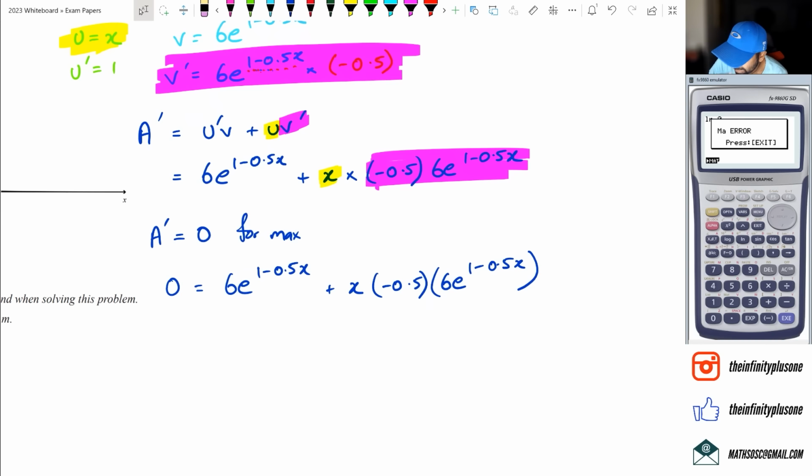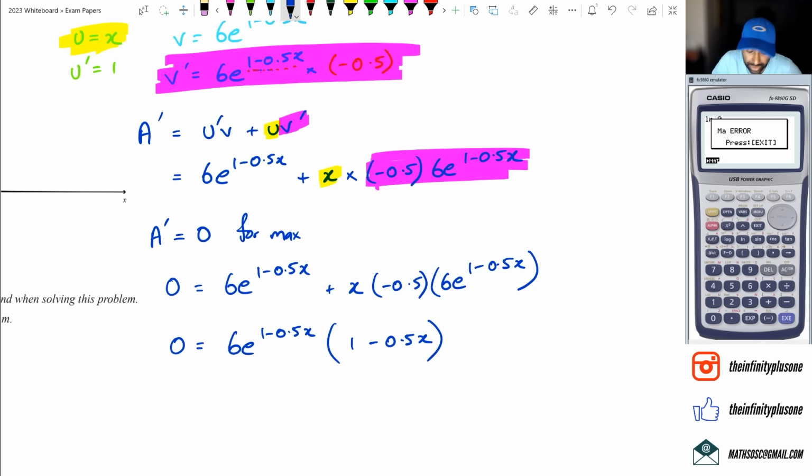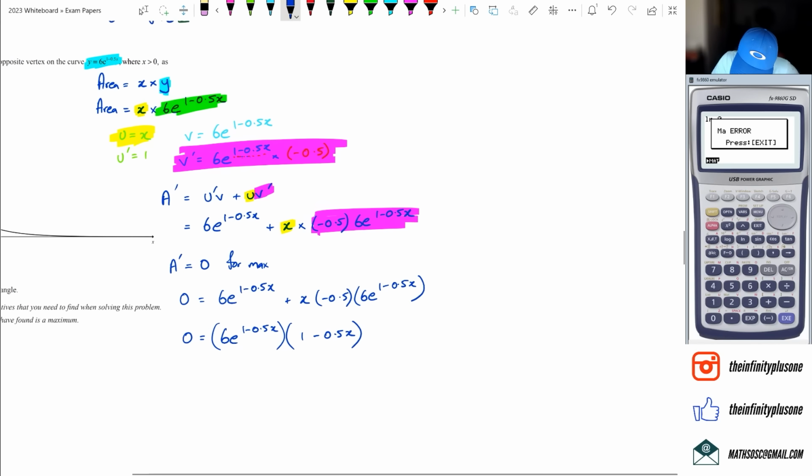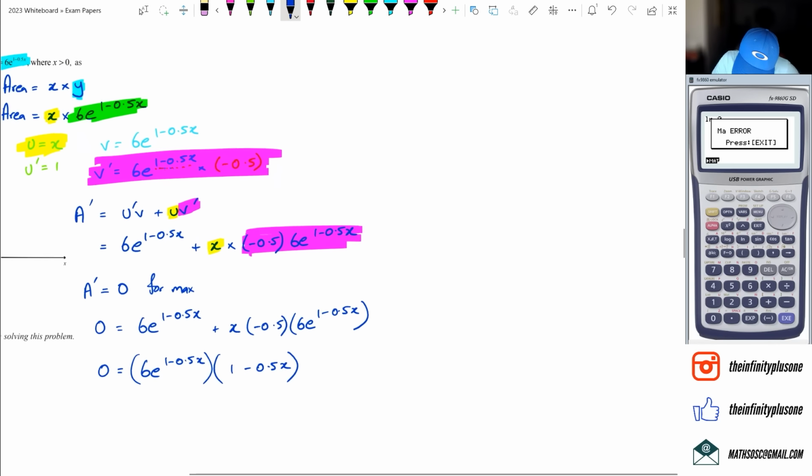At this point we've got a common factor of 6e^(1 - 0.5x), and inside the bracket we get 1 minus 0.5x. So we've got these two things equal to 0. Remember we've got these two brackets that equal 0, and we can put each bracket equal to 0 and find out what happens.